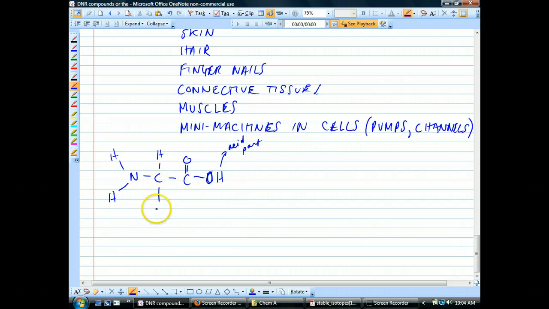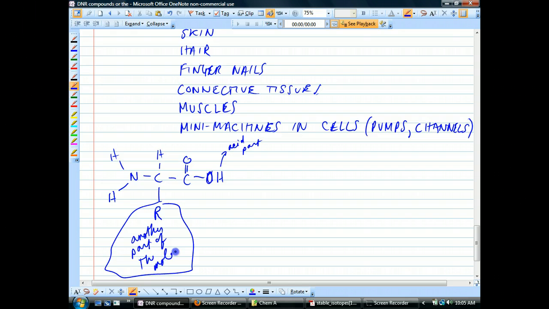And then down here, your book says is R. Now, what is R? R is not an element. If you look on the periodic table, you'll not find an element called R. So what is it? R stands for some big part of a molecule, okay? It could be a carbon ring, something like that. Another part of the molecule.